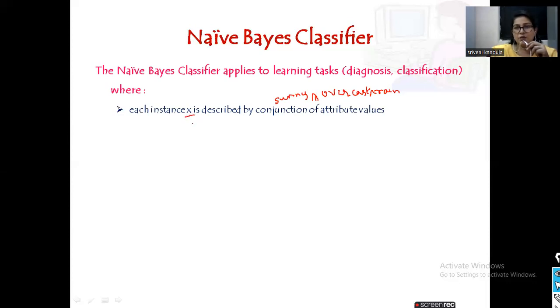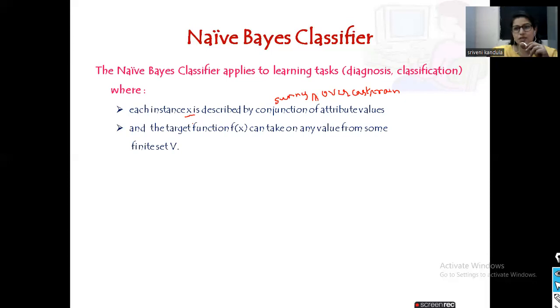In a similar way, whatever learning tasks are there where you can express the instance X as a conjunction of attribute values, you can use the Naive Bayes classifier. And the target function f of x can take on any value from some finite set V. That is the target of any learning problem, right?